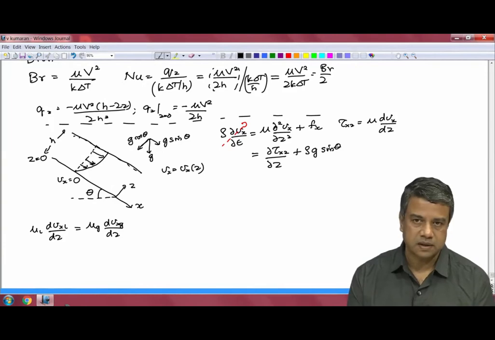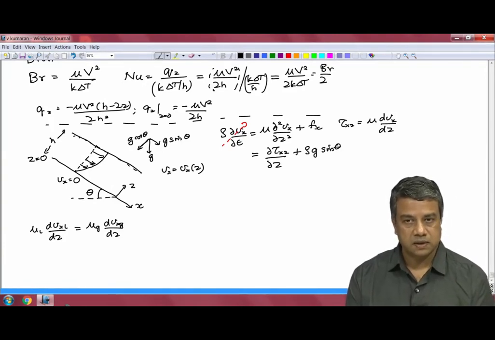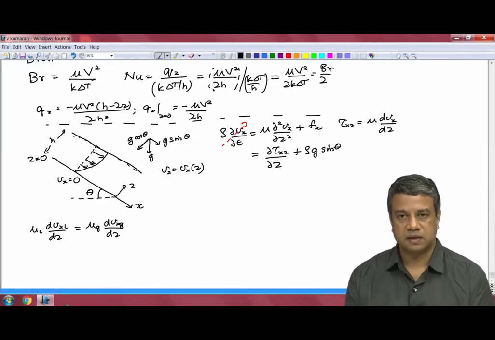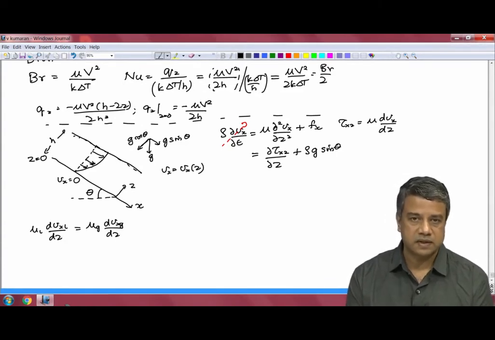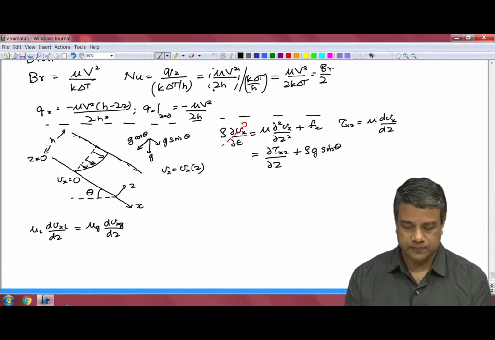Were they not equal, you would have a finite force acting on an infinitesimal volume, and therefore the acceleration would go to infinity. So the condition that the force cannot diverge implies that the stress on the liquid and the gas sides are equal.